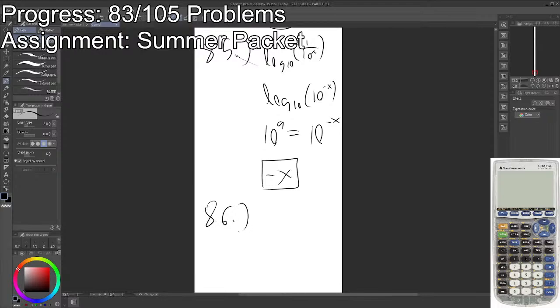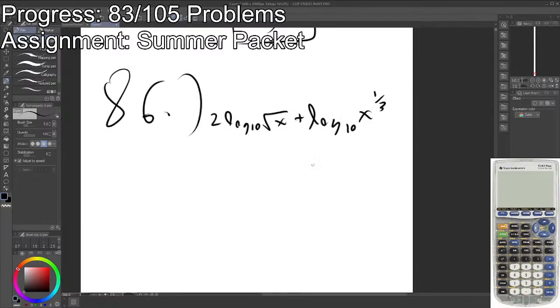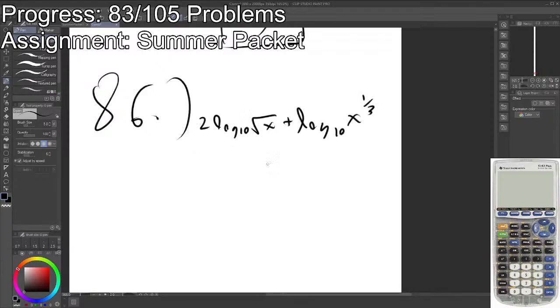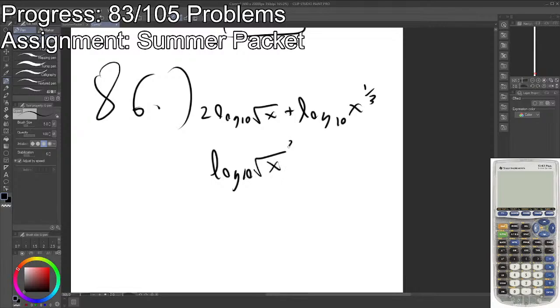$86. Let's go. It's a big one. 2 log base 10 square root of x plus log base 10 x to the power of a third. Okay. So I can put the 2 in front towards the back, square it.